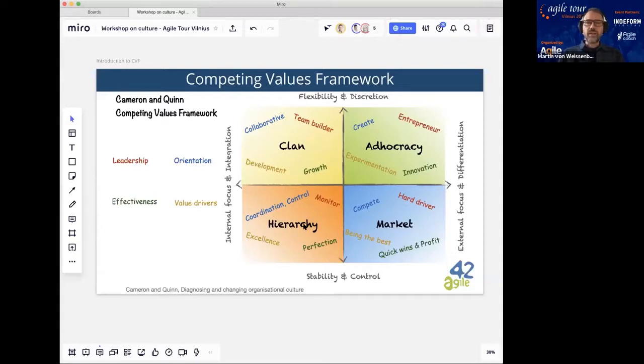There are a lot of external limitations on what you can do, but also internal limitations. Excellence comes from high quality, and the way to high quality is to have standardized processes and standardized roles. You need to monitor and audit that people are following those processes.